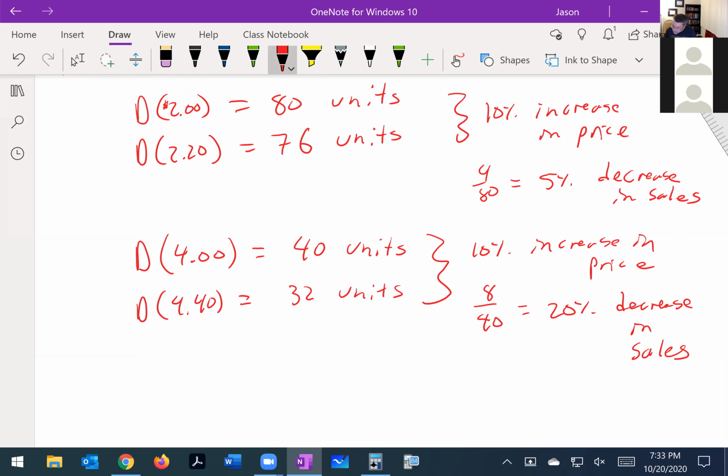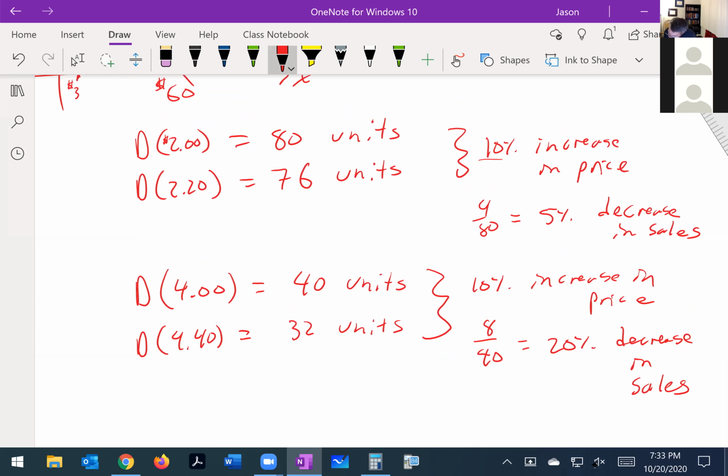So notice that this 10% increase in price only led to a 5% decrease in sales, whereas a 10% increase in price here at a different part of the demand curve led to a 20% decrease in sales. This 40 cents had a lot more impact than this 20 cents. Does that make sense?